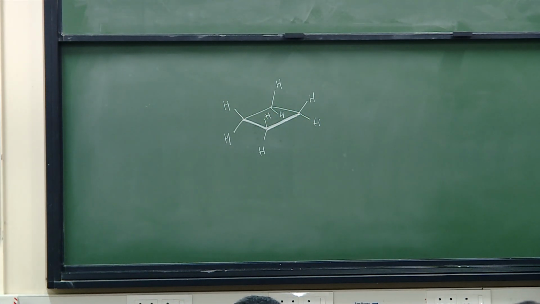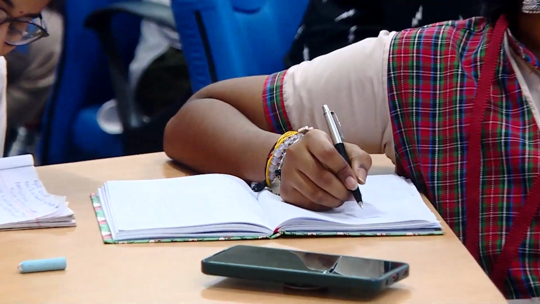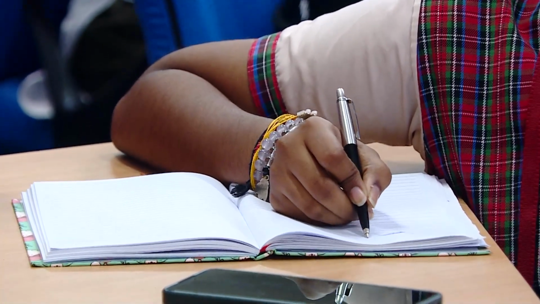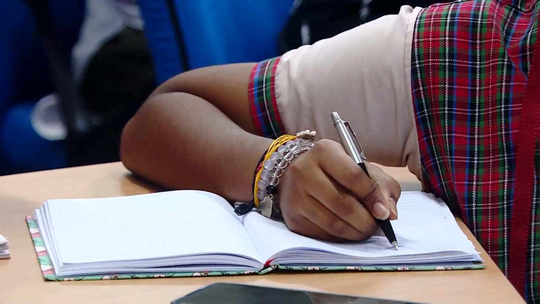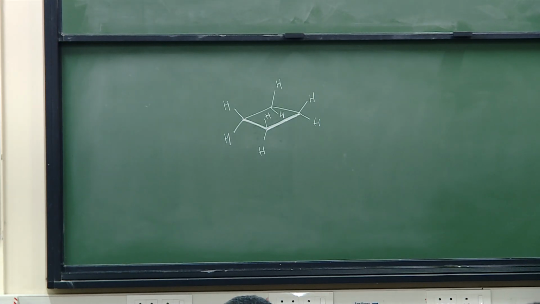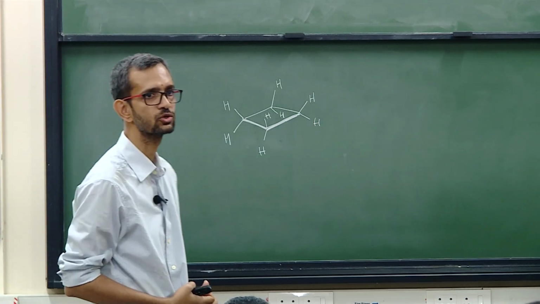I just want to throw in some lights in between so that when you read you will connect. Any other strains that you can find in this molecule other than the angular strain that we talked about? What else are the other parameters that can give this molecule a strain?